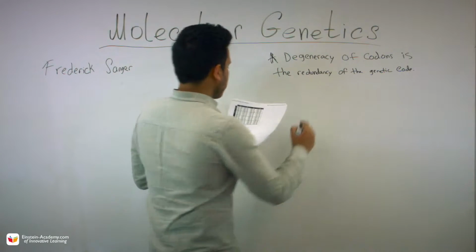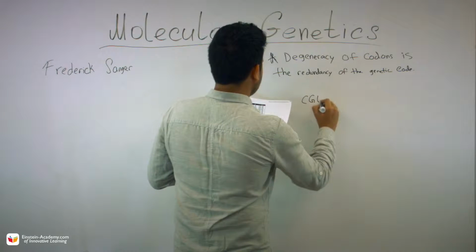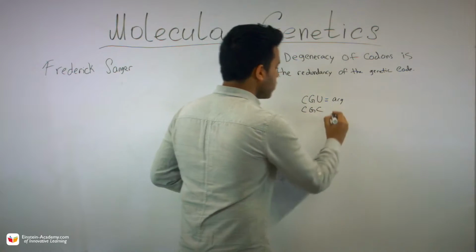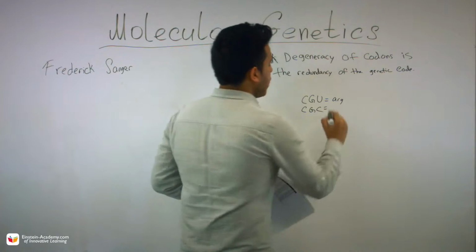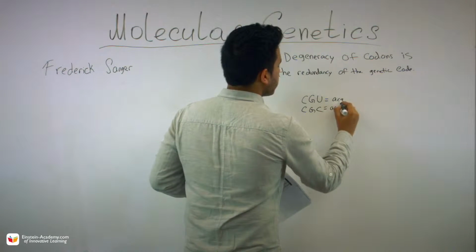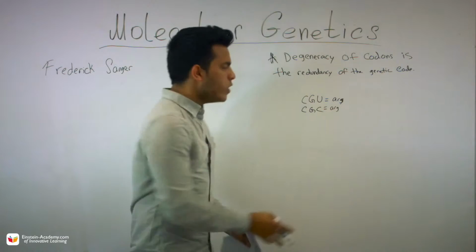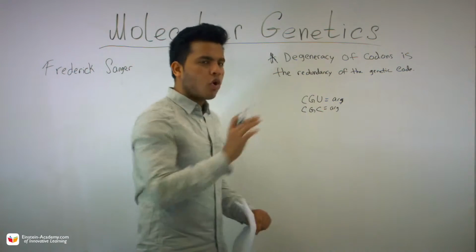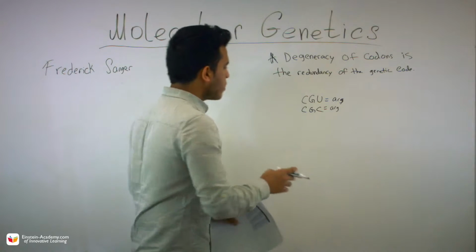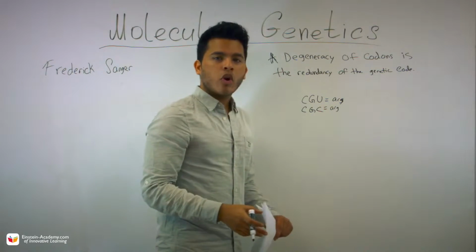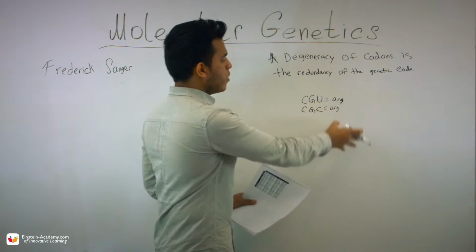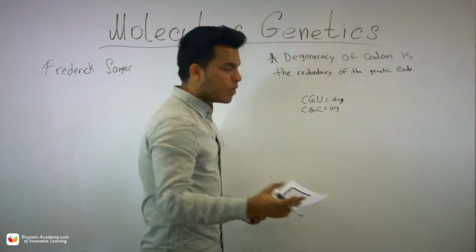So here's a codon chart that says CGU is equal to arginine, but CGC is also equal to arginine. If you remember from the last video, we saw a lot of redundancies between these amino acids. It's not that one codon will code for one amino acid. It's in fact that many codons will code for one amino acid.